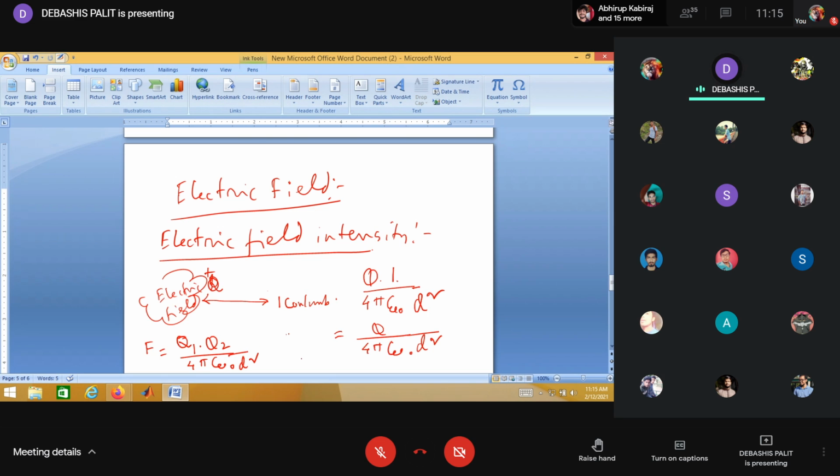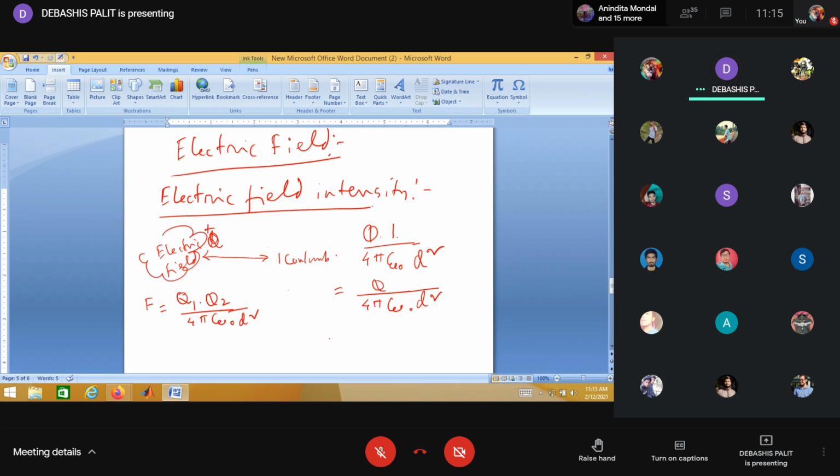So per unit coulomb, this force will be equal to F by Q. So this F by Q is the field intensity. Per unit coulomb, the force experienced, that is your field intensity.